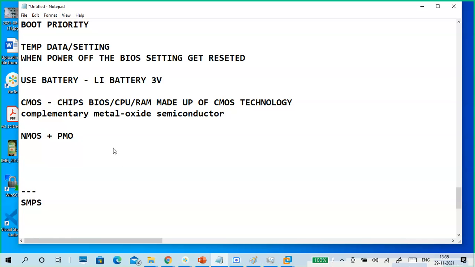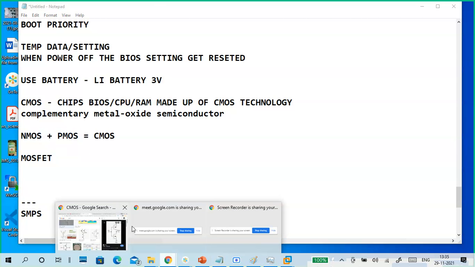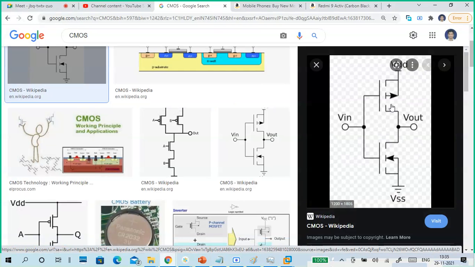If you don't understand, no problem, it is not complex. Actually, it is a MOSFET, metal oxide semiconductor field effect transistor. It is nothing but a transistor, with N channel and P channel types, meaning NMOS and PMOS. A combination of NMOS and PMOS like this is called a CMOS.